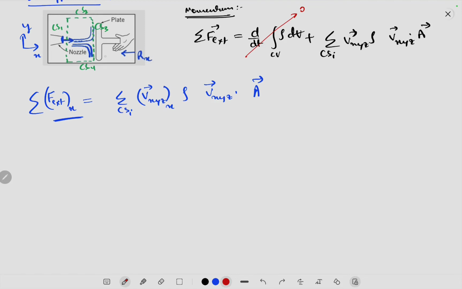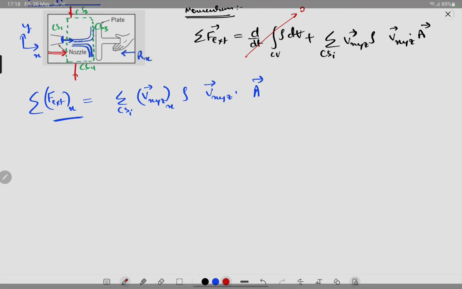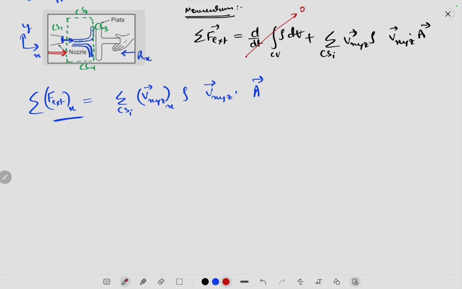This is because the pressure force from air is acting on this plate and not on this fluid for this control volume. Because of that, the pressure force from air on this control volume is this one. On this one I don't have any pressure force from air, and these two will get cancelled out anyway, so let's not take them.